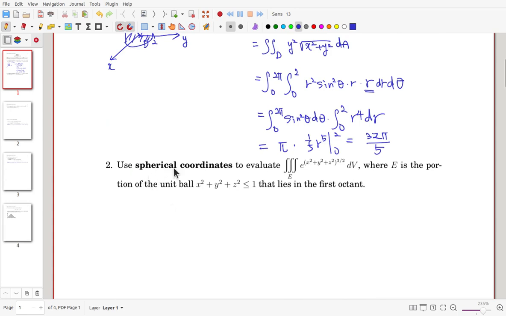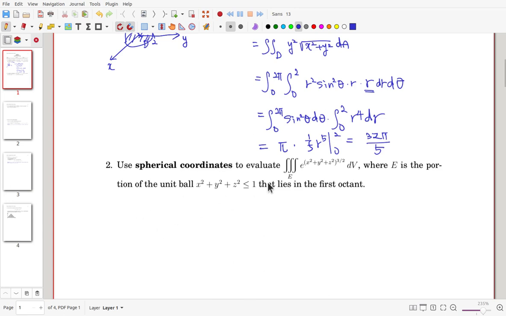Use spherical coordinates to evaluate this integral, where E is the portion of the unit ball that lies in the first octant. Octant, so now angle theta will be 0 to pi over 2, and phi from the north pole in spherical coordinates will be 0 to pi over 2, right?